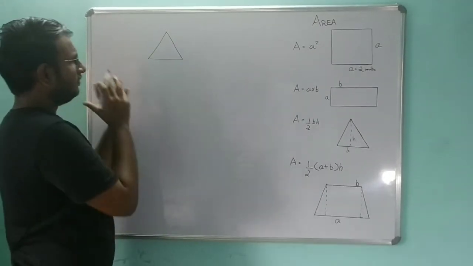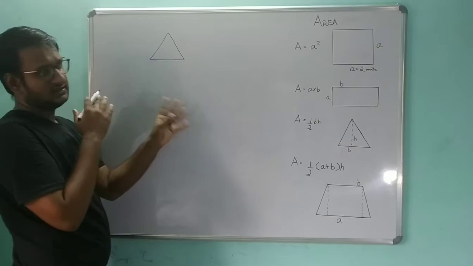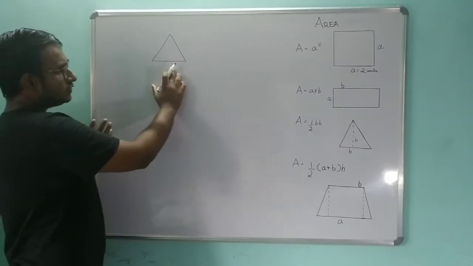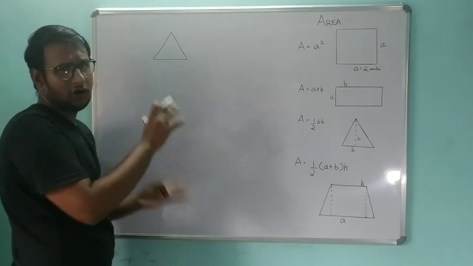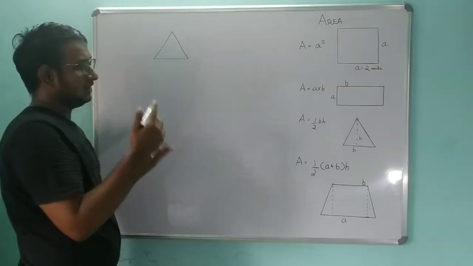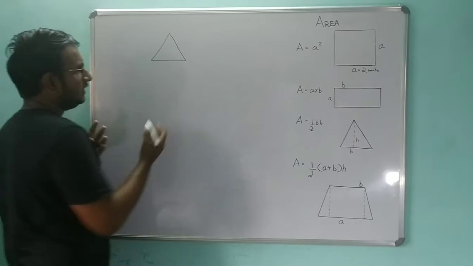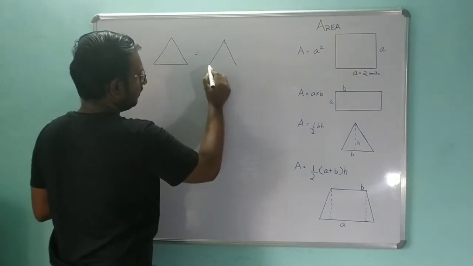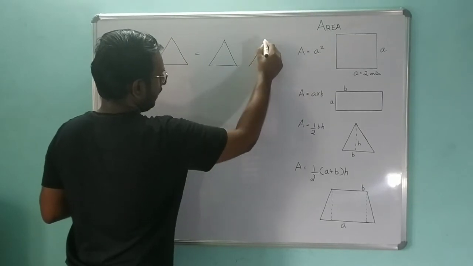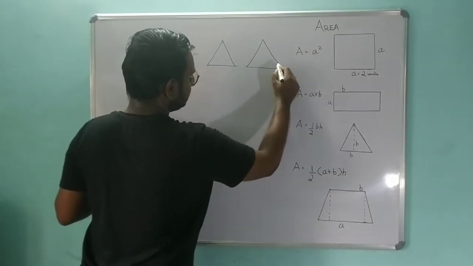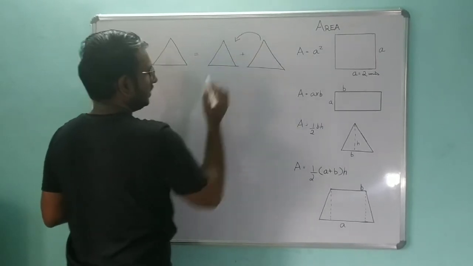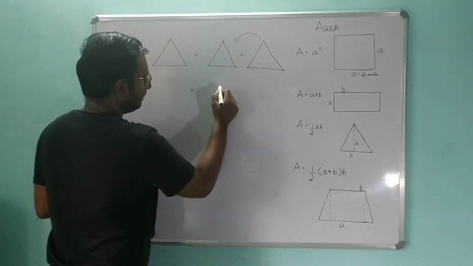I can't find the area formula straight away, so I have to think. This can also be converted into a rectangle or a parallelogram by using some other base. I am making this triangle into two triangles like this, and I am going to add this triangle over here. So I will get it like this.